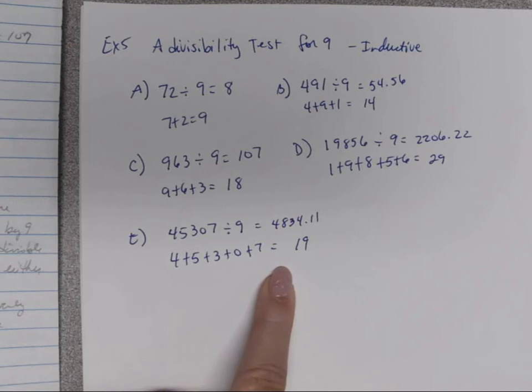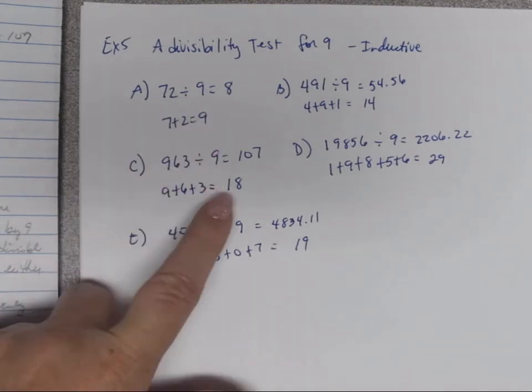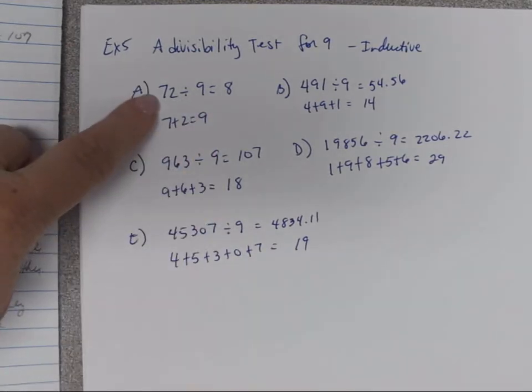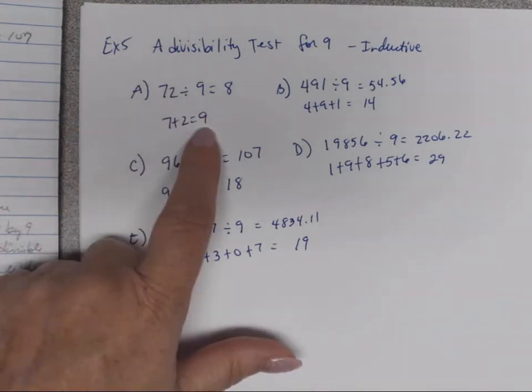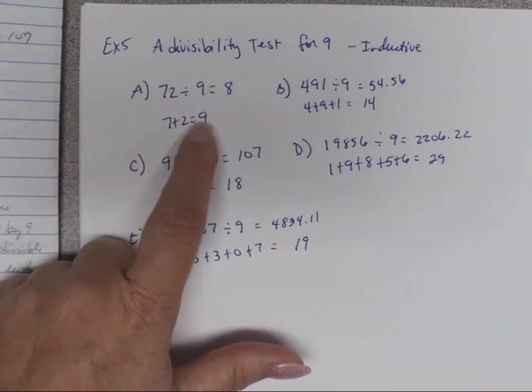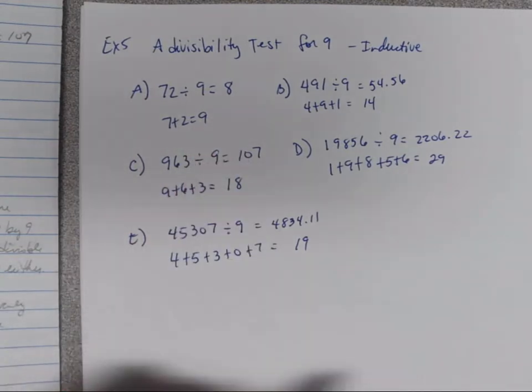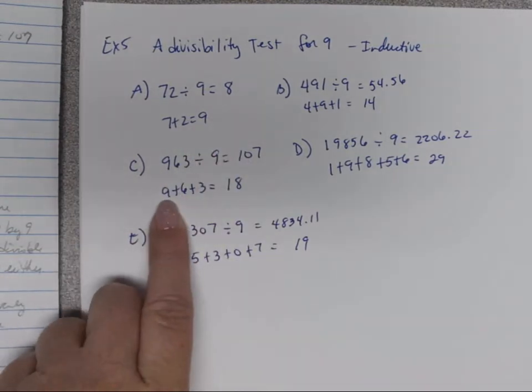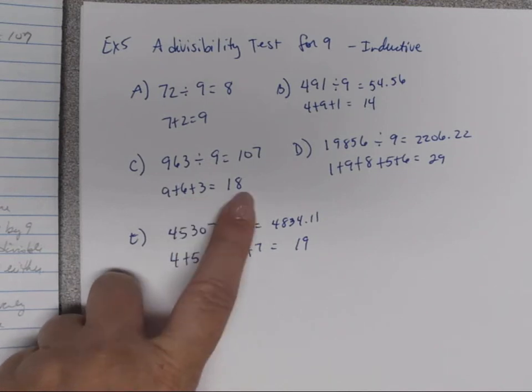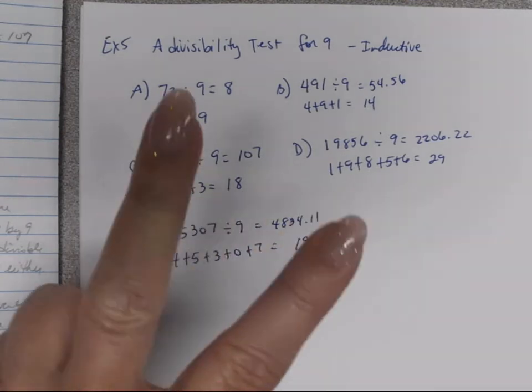Well, if you look at the numbers that evenly divided by 9, the digits in the number add up to a number that's divisible by 9. So 7 plus 2 is 9. 9 divided by 9 would be 1. It would work. On this one, 9 plus 6 plus 3 got us 18. 18 divided by 9 would be 2.